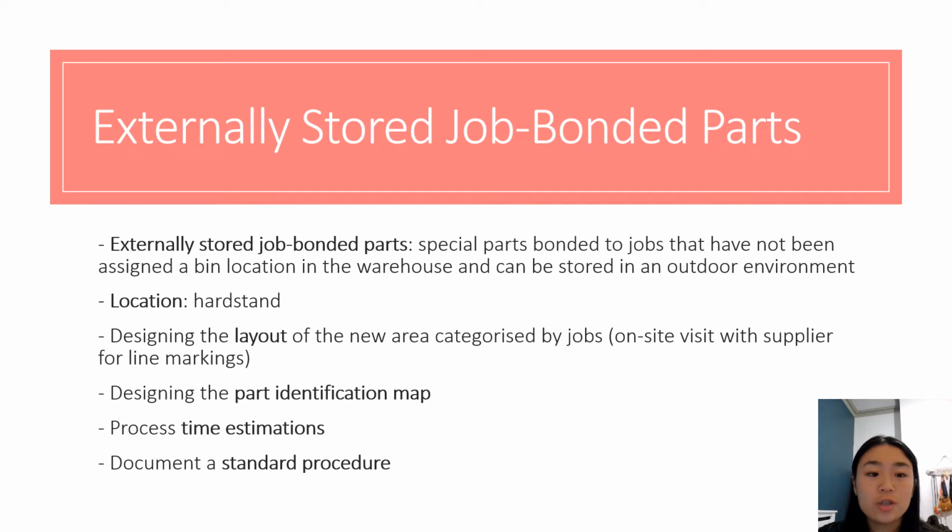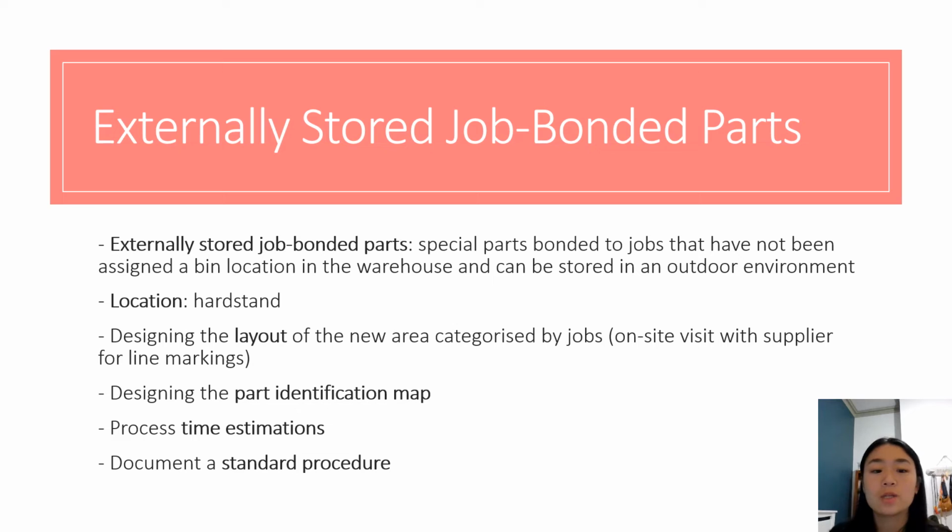So for the externally stored job bonded parts, these are defined as special parts bonded to jobs that have not been assigned a bin location in the warehouse and can be stored in an outdoor environment. These are currently and will be located in the hard stand.